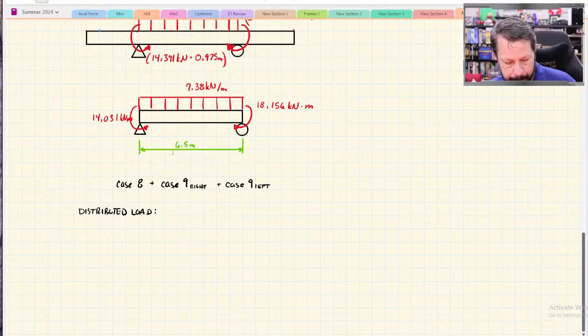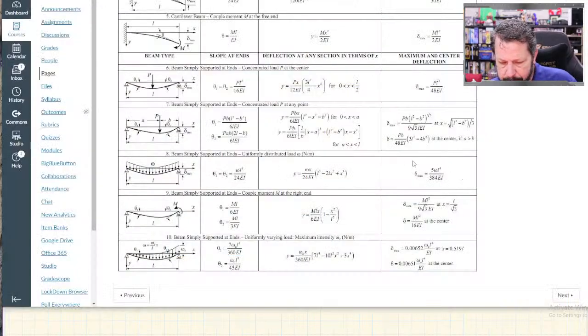Or I've got this delta max. It doesn't tell me where delta max is, but if the beam is simply supported and symmetrically loaded, then the maximum deflection is at the center of the span. So I can use that one.